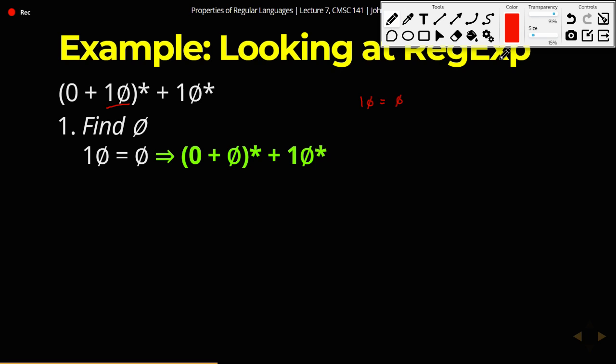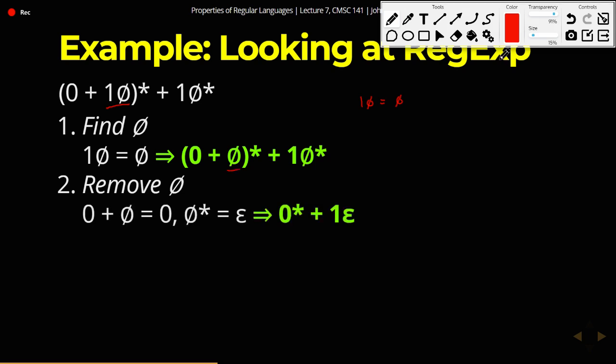So we can rewrite this as 0 plus null, quantity star, plus 1 null star. Okay, so we have simplified this one. Next, we'll remove all the unnecessary null symbols, and we can find that one here. So 0 union null, you're not really adding anything new because it's union null, so it's just equivalent to 0, right?